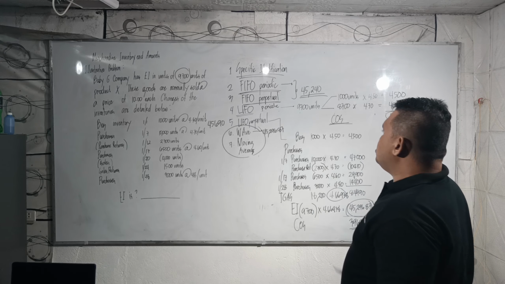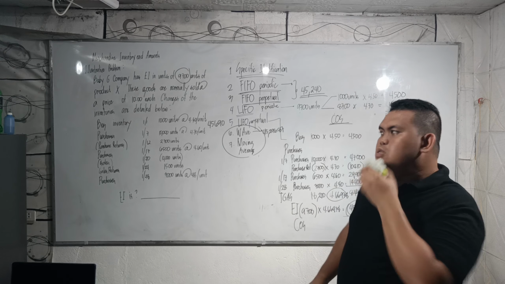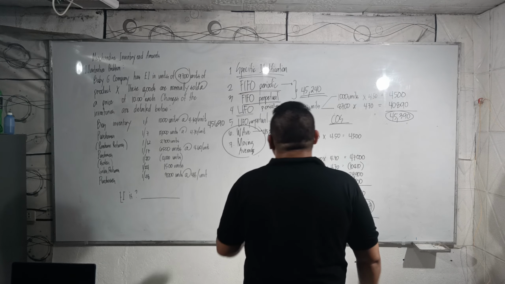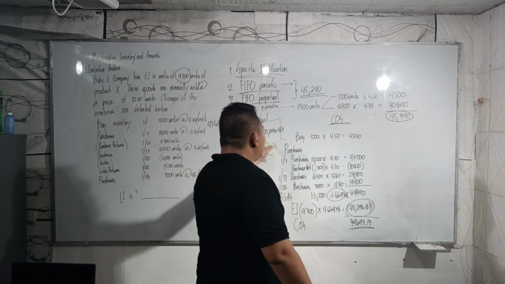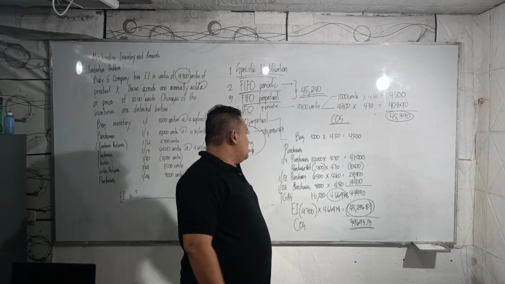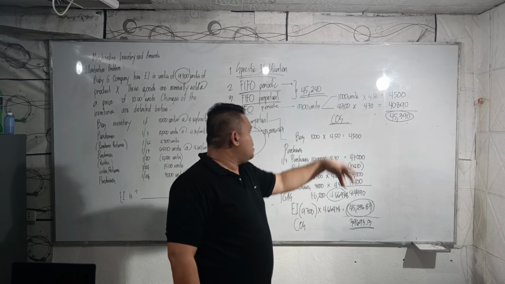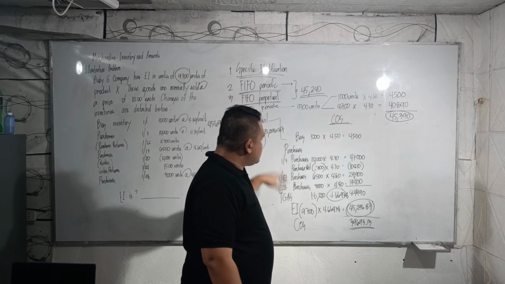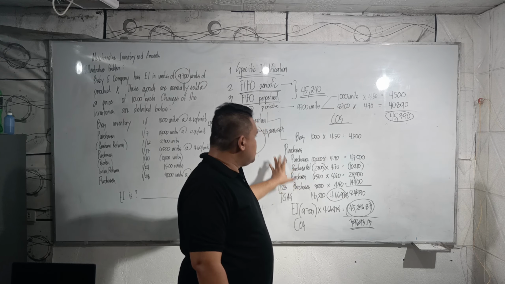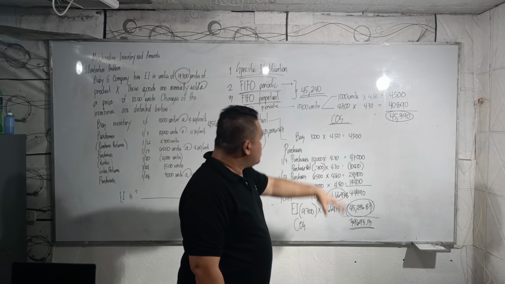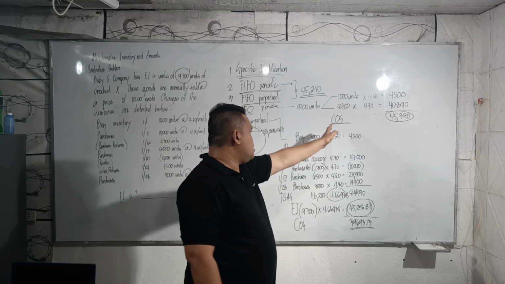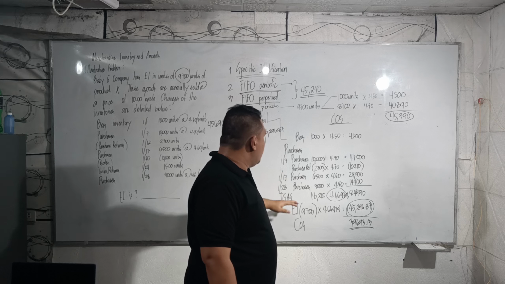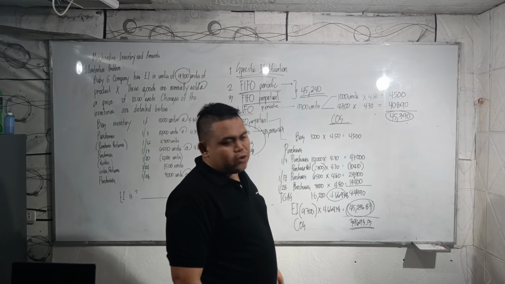Okay? So that's weighted average. That is what we call also average periodic. So you just get on the beginning inventory, the units times the unit cost, and then the purchases and the purchase returns if ever. Then you add the beginning inventory with those purchases, and you'll get the total goods available for sale.